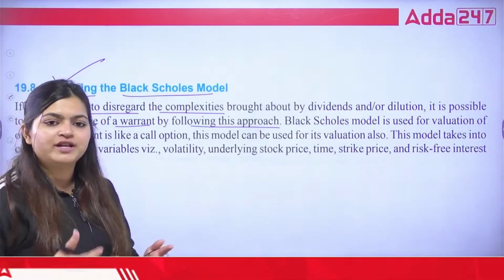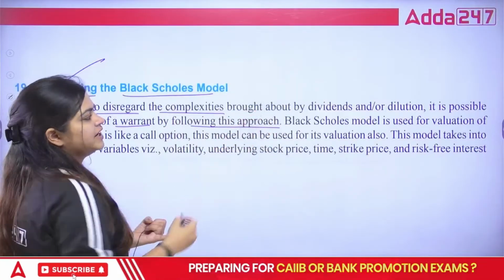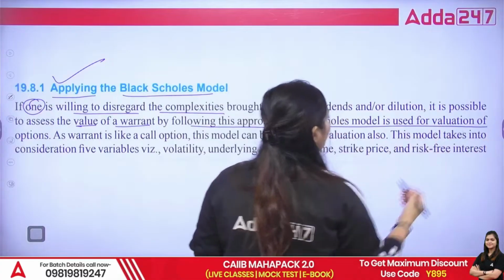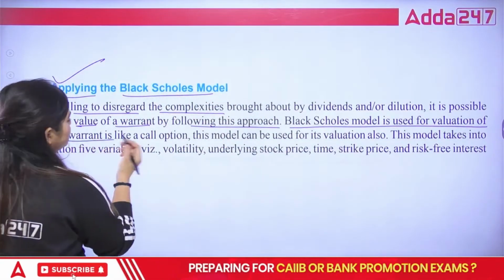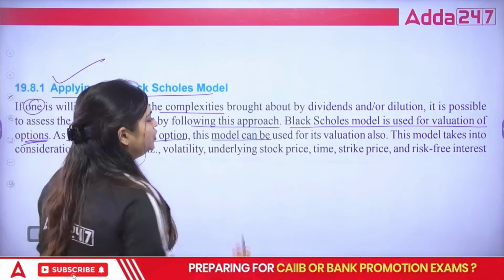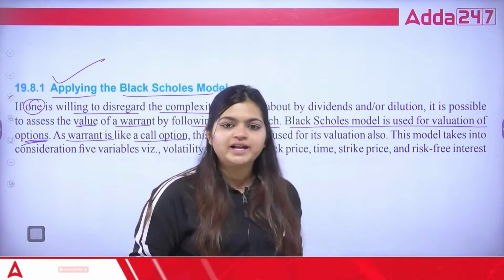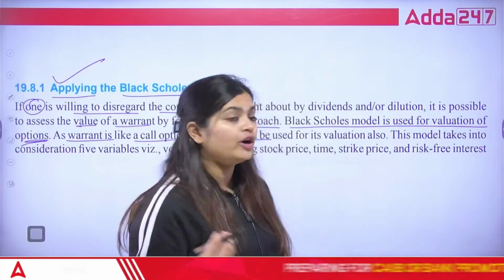Because there are differences when you are looking at warrants, like dividends and dilutions. You can use the Black Scholes model, which is used for valuation of options. As a warrant is like a call option, this model can be used for its valuation also. So this is one common method which you can use to value your warrants as well as call options.